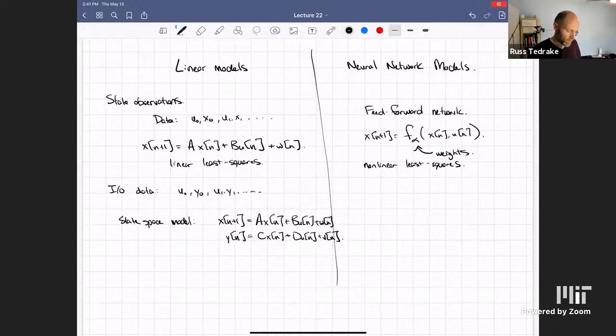If we have to find A, B, C, and D in order to fit this model, that is equivalent to deciding what the state representation has to be. By choosing A, B, and C, you have to decide what is even the right state to somehow summarize the input-output data I've received. We'll talk a little bit more about that. But what I want you to see is that there's a direct analogy between that and, in the neural network case, using a recurrent neural network.